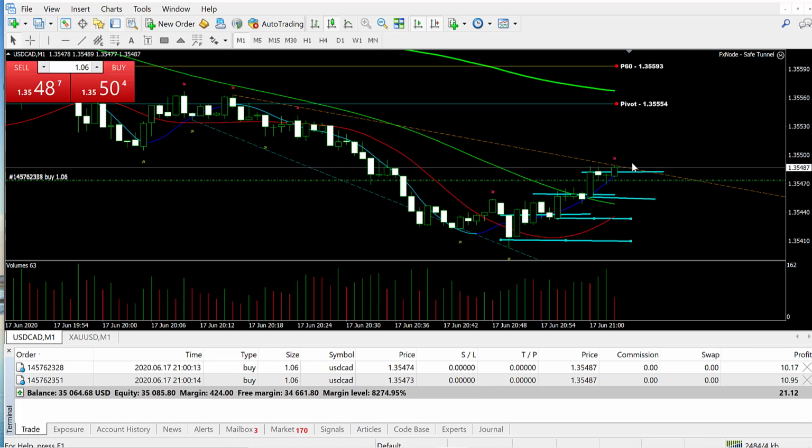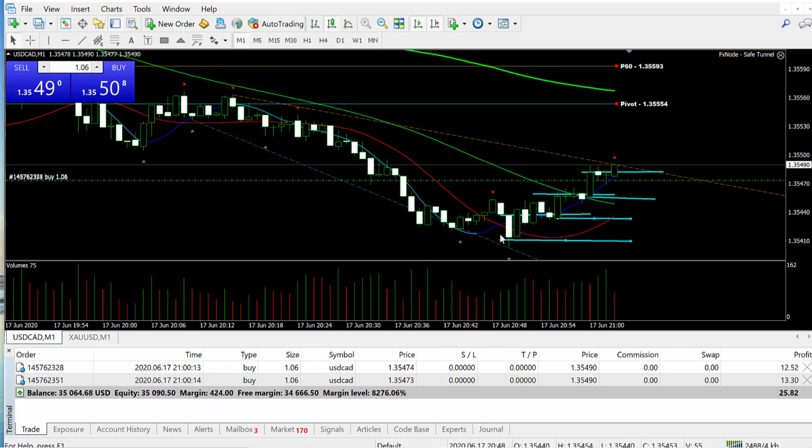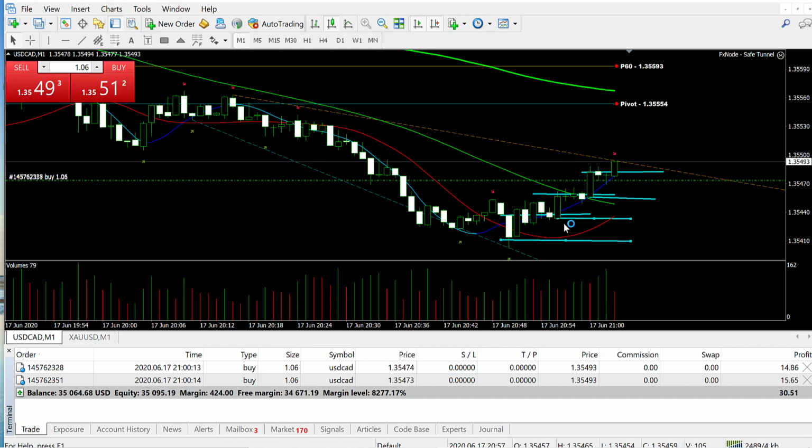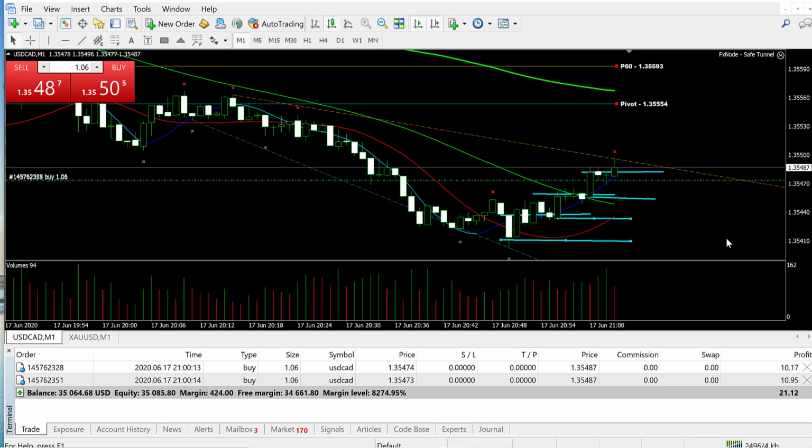Remember, candle breaks above, it's a buy. Candle breaks below, your trade went in the wrong direction. Vice versa on a sell. I'm gonna wait for the next candlestick to break, and then after that, I'm gonna close my trades.